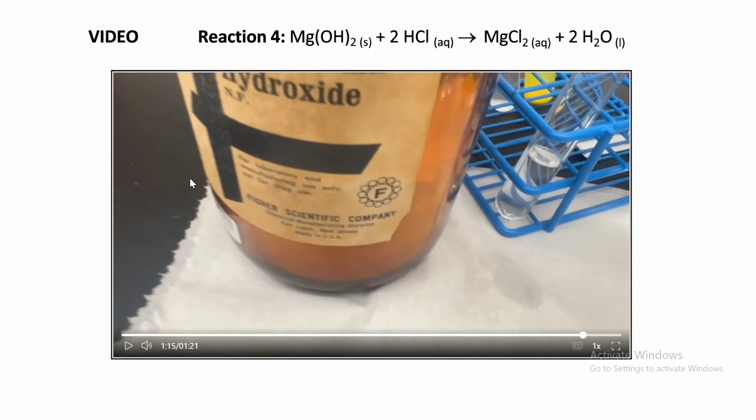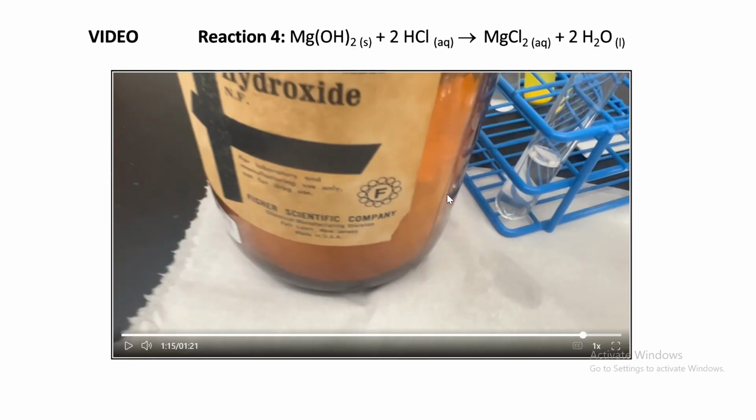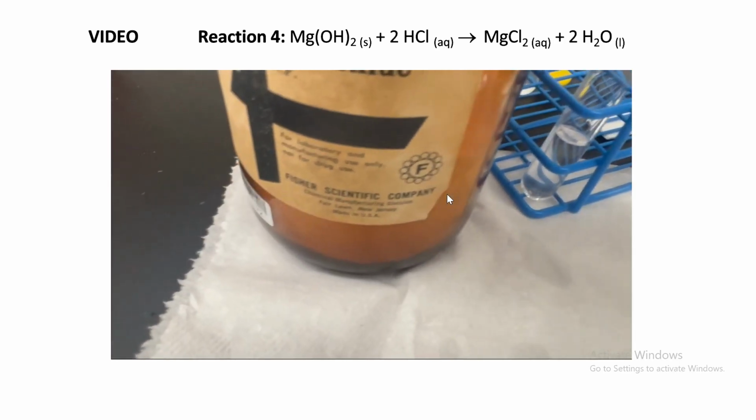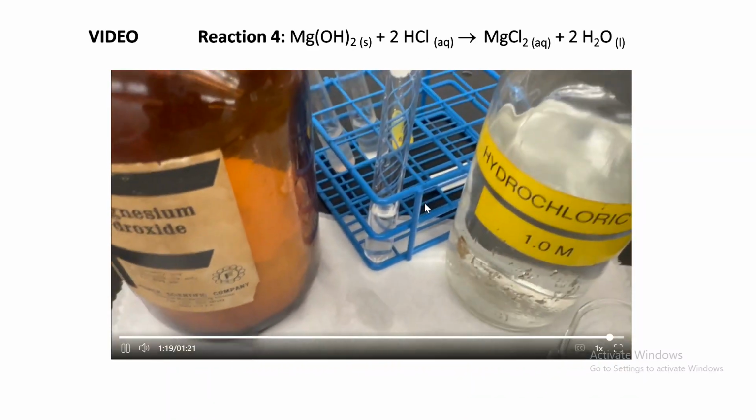So, this is a special chemical equation that does not produce any noticeable colors. And we can also use pH paper to prove that this was a chemical reaction. All right, so this is a special case where we have an acid base reaction.